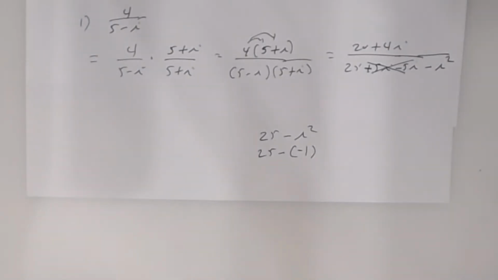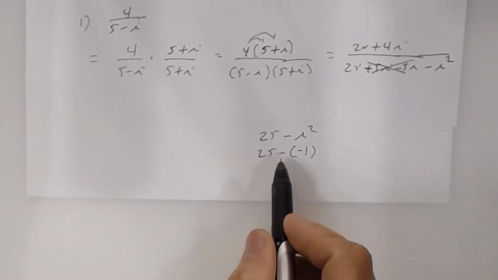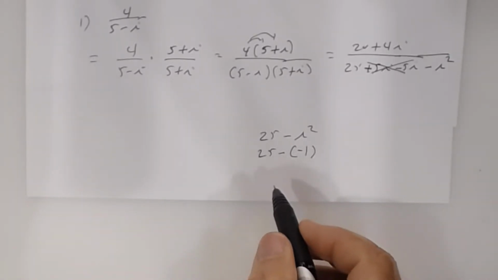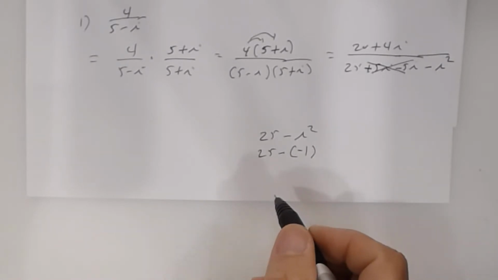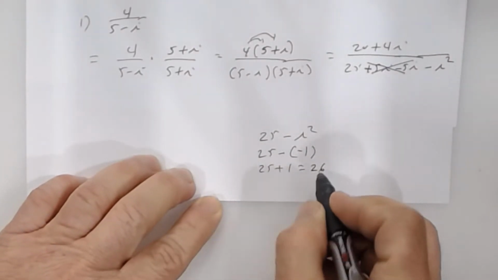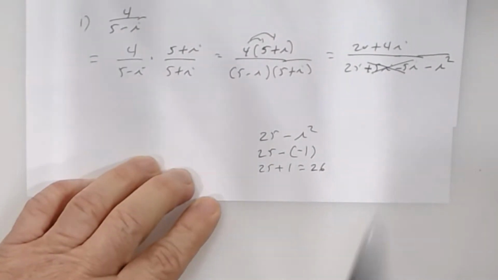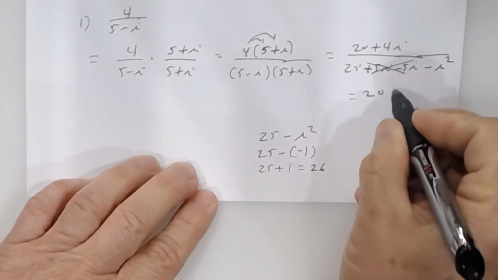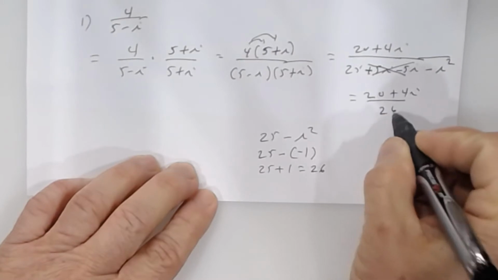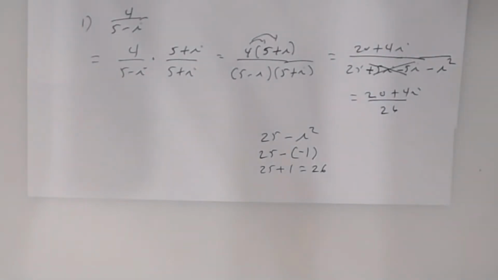And yesterday we talked about the fact that 25 subtracting negative 1 means the same thing as 25 plus its opposite. And what's the opposite of negative 1? Positive 1. So that really becomes what? 26. So the numerator is 20 plus 4i. The denominator is what? 26. So that's where I'm at.